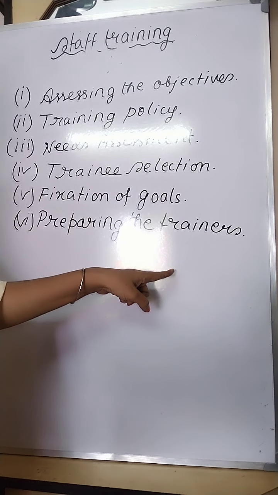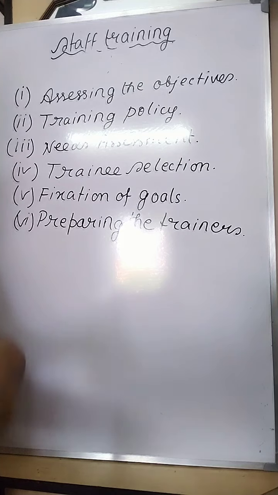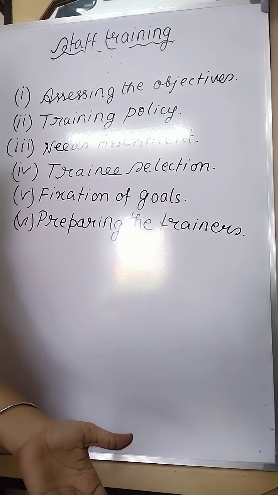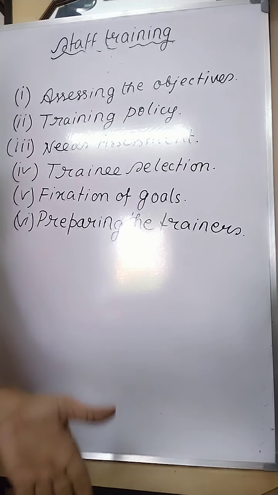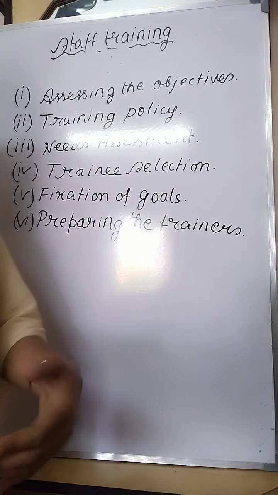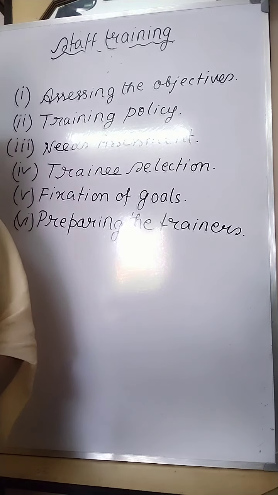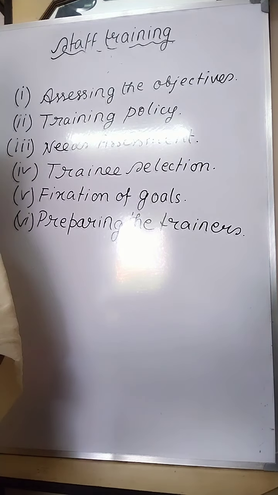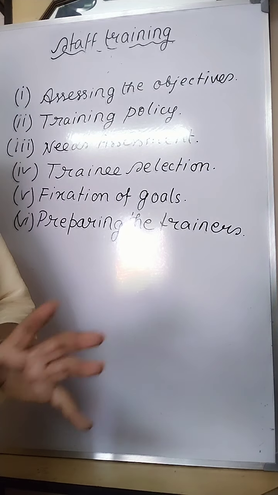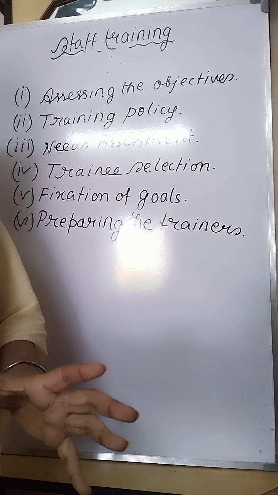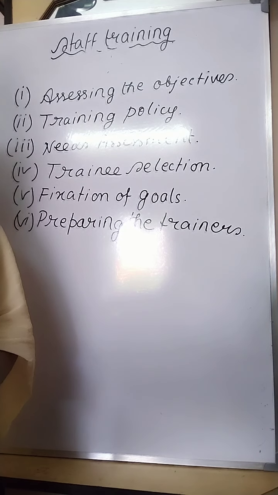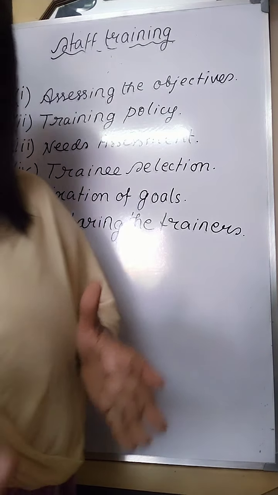Who are the trainers? The trainers means the persons who will train, the instructors. The success of training depends to a great extent upon the instructors or the trainers. The trainers must know both the job content and how to teach them. He should have an aptitude for teaching and should employ the right methods of training.